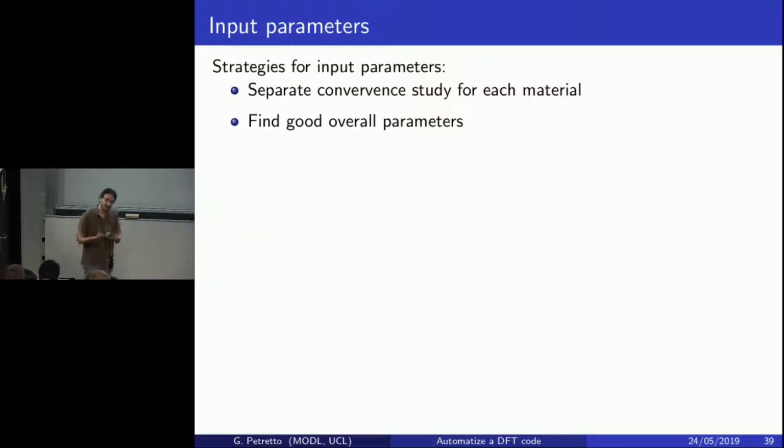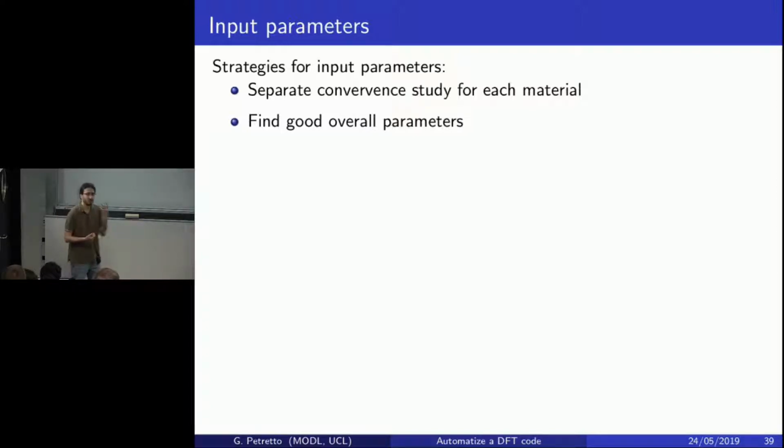And then I come to one of the problems that I've mentioned before when I was speaking about the inputs: the default parameters that you want to give. As I've said, all sorts of materials can come in, and you want to give some input that is decent enough to run your DFT calculations.